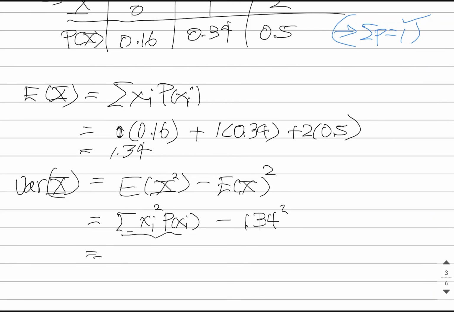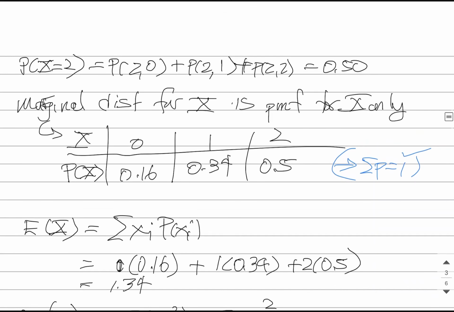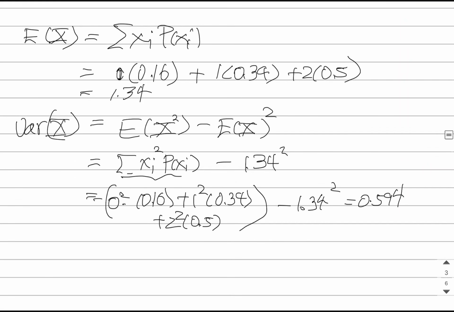So just for clarity, this would be 0 squared times 0.16, 1 squared times 0.34, and 2 squared times 0.5, subtract 1.34 squared. And if you go ahead and do this calculation, you'd get 0.594. So as far as obtaining values, it's relatively straightforward to do once you understand the notion of a marginal distribution. Again, the marginal distribution is the new idea for multivariable situations.